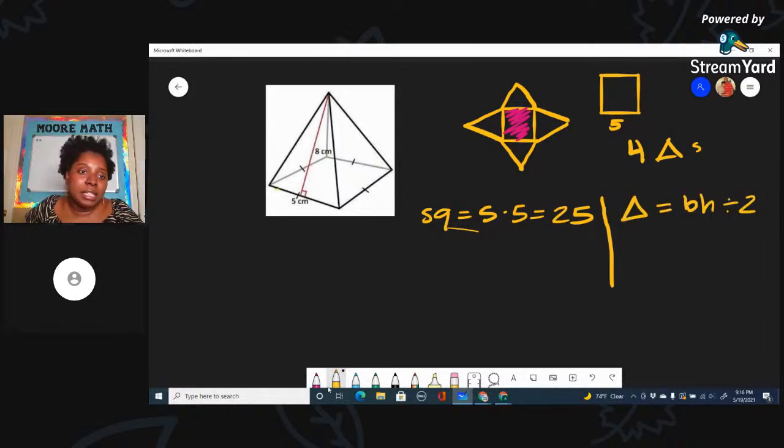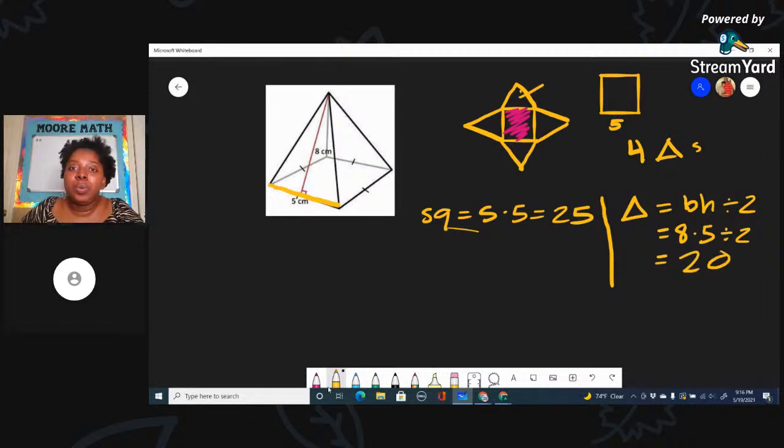Okay. What's my base of the triangle? 5. Mm-hmm. So now I want you to do 8 times 5 and then divide it by 2. Tell me what you get. 20. Good. Okay.